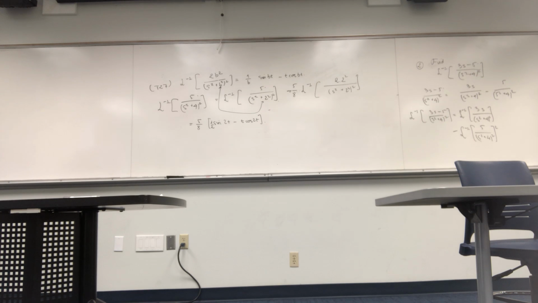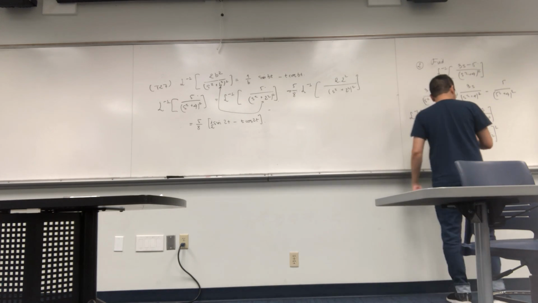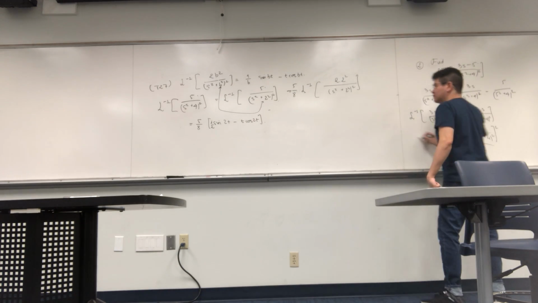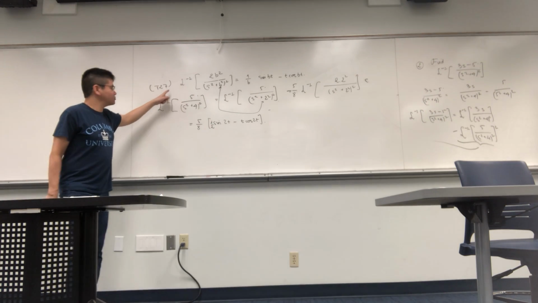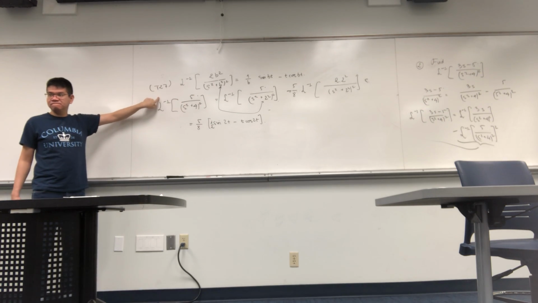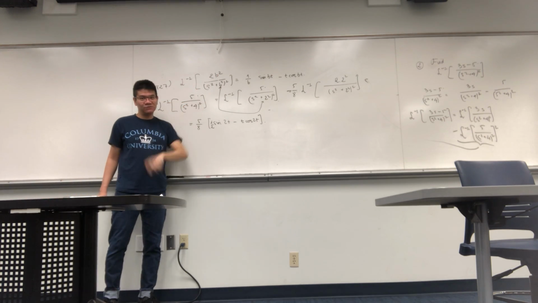Questions? Right? I'll explain again. The first thing that I observe is this term, which is similar to the formula T27, because in T27 you have 2b squared over s squared plus b squared.